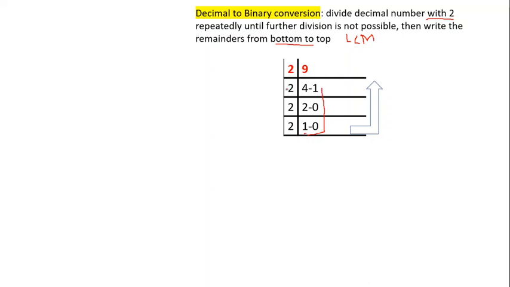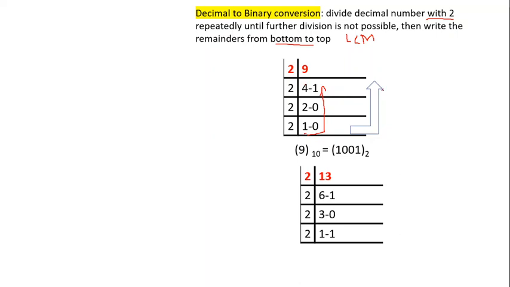You write this result in the bottom to top format. Like this, 9 base 10 equals 1001 base 2. It means whatever number you have, you divide that number by 2 repeatedly until further division is not possible, and then write the remainders from bottom to top.